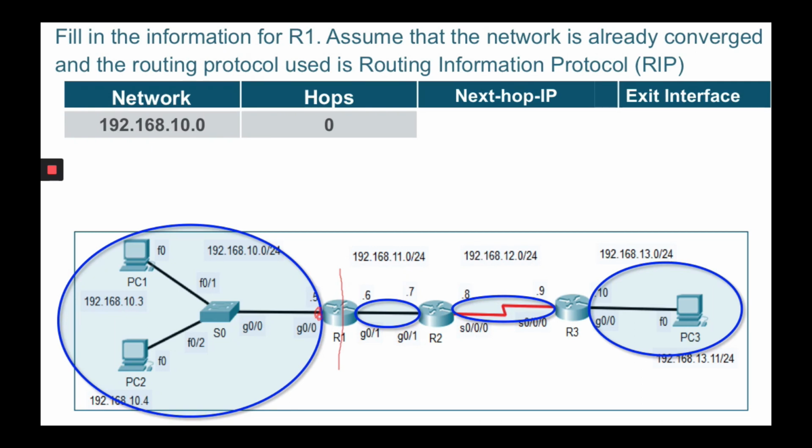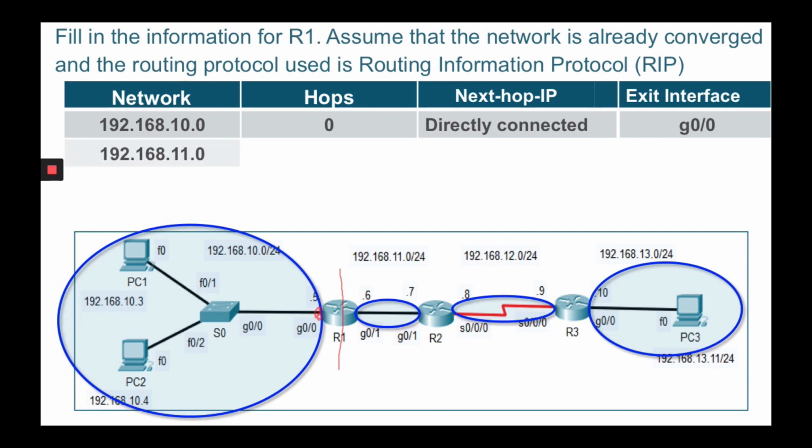You don't have to hop to 192.168.10.0. For the exit interface of router 1 to route to this network, the exit interface is G0/0.